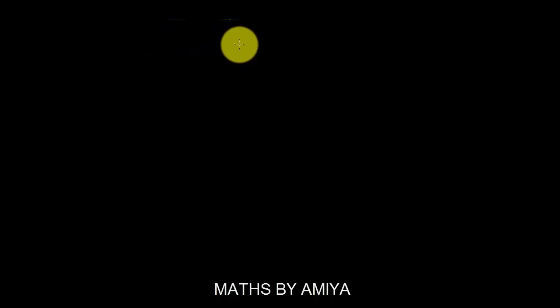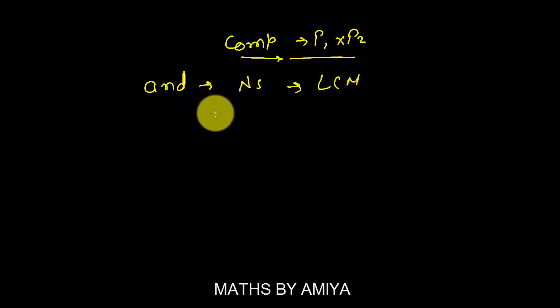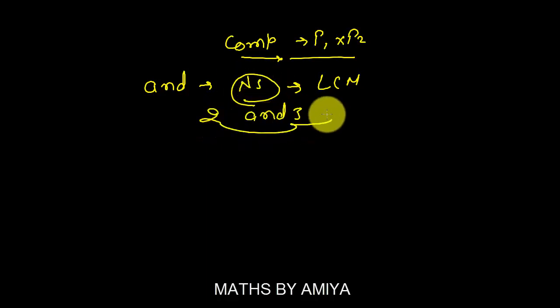Now, how do we find cyclicity for composite numbers, which are a bundle of primes? Before this, you should know one language of maths. If we use AND in the number system, it means LCM. If we want 2 and 3 in the number system, we are looking for 6, the LCM.